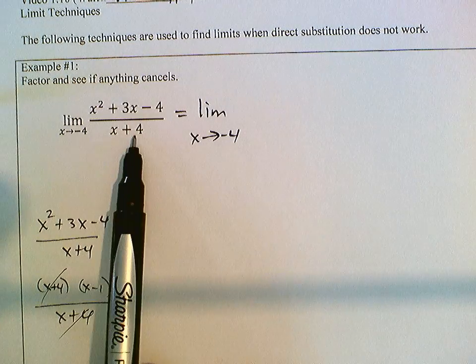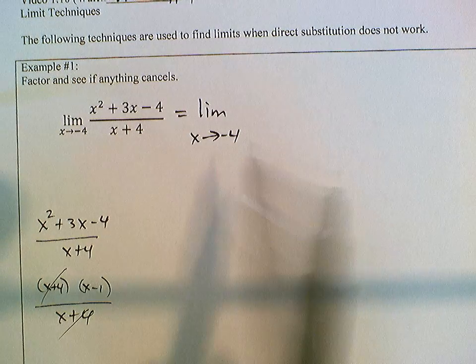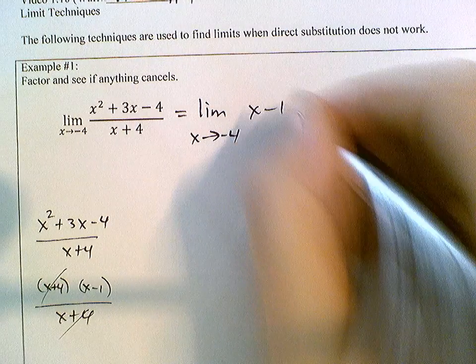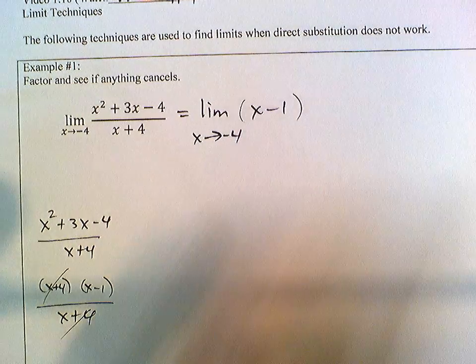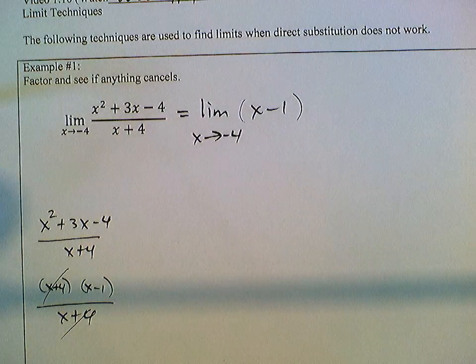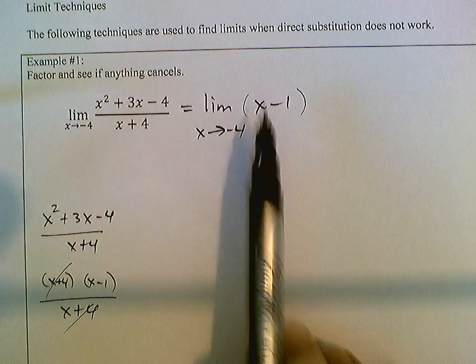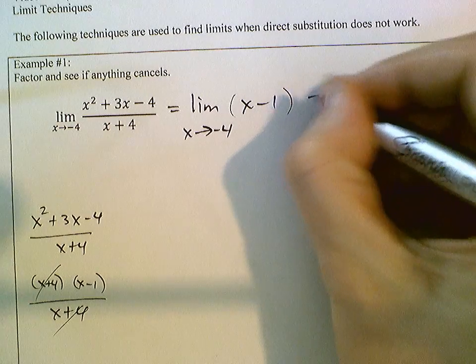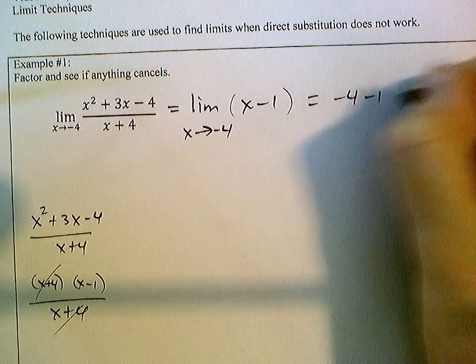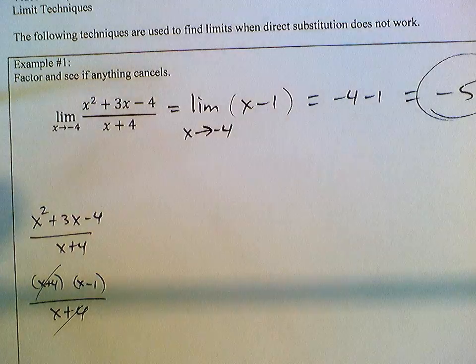So this limit is equivalent to the limit of that function. All right, if you want to put parentheses there, you can. And now, can I direct substitute into this function? Absolutely. So this is -4 minus 1, so -5.